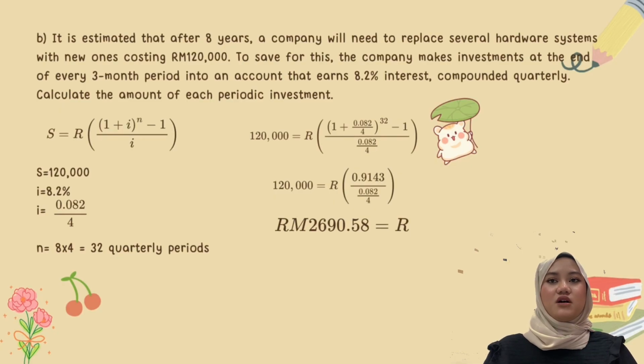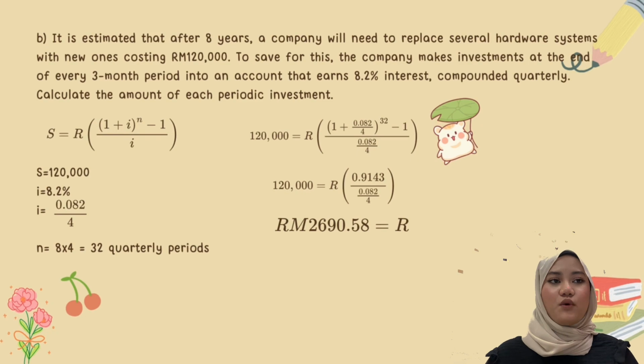We use the formula S equals R open bracket 1 plus I close bracket power N minus 1 over I, where S is the future value, which is 120,000 ringgit, R is the periodic investment amount, I is the interest rate per period, 0.082 over 4, and N is the total number of periods, which is 8 times 4 equals 32 quarterly periods.